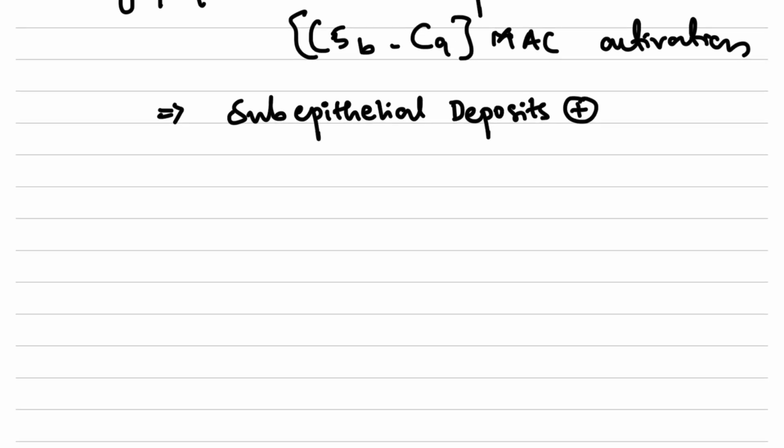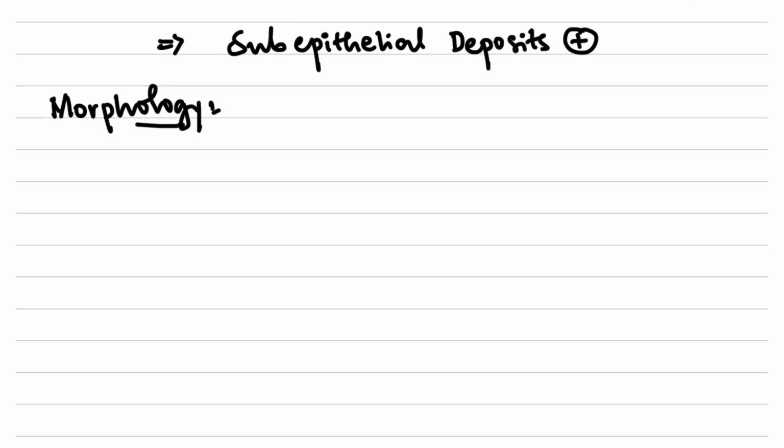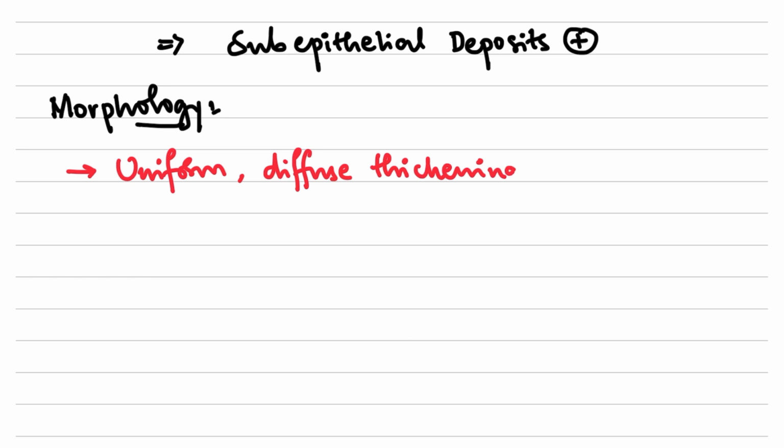Moving on to the morphology of membranous nephropathy. What we see is uniform diffuse thickening of the glomerular capillary walls.